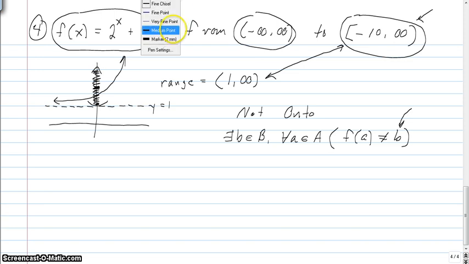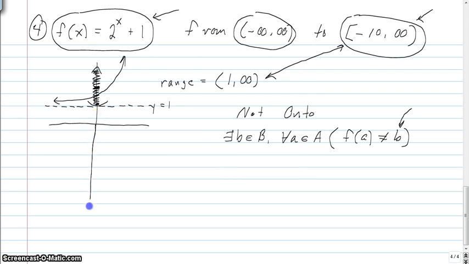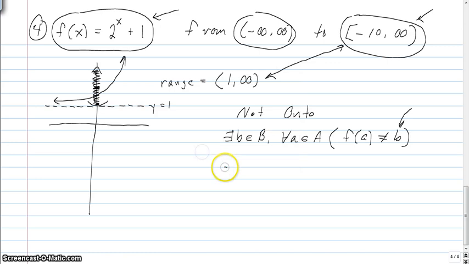However, the codomain, let me extend my y-axis here and pick a little bit different color, because my codomain is -10 to infinity. So the codomain is that interval.